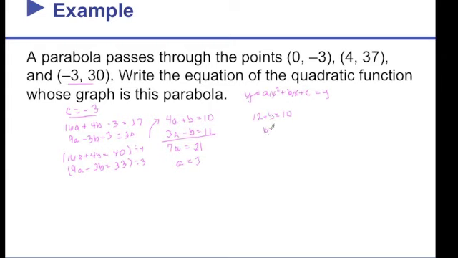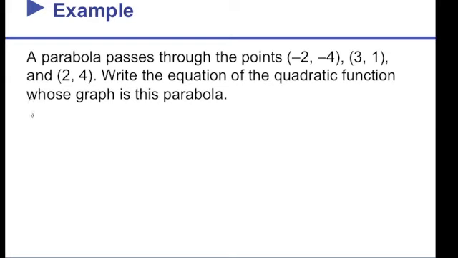So b would end up equaling -2. So the equation I'm looking for can be y equals 3x squared, b is -2x, minus 3, and I have my equation.